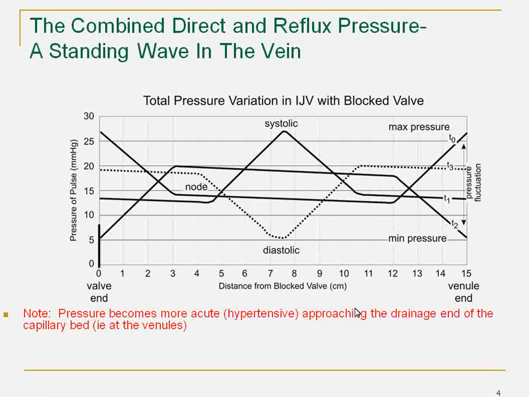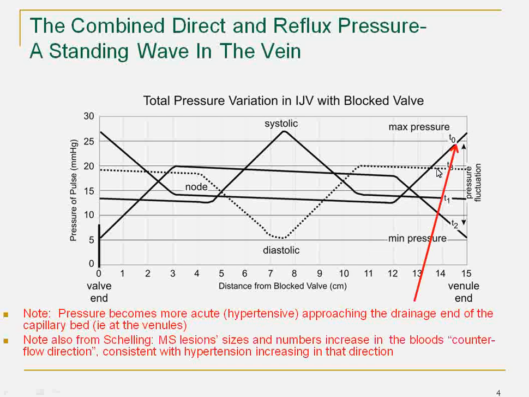Note now that the pressure in this example becomes more acute, or pressure increases, or more hypertensive as one approaches the drainage end of the capillary bed, or the venule end of the capillary bed. So that's the increasing pressure that we see there.